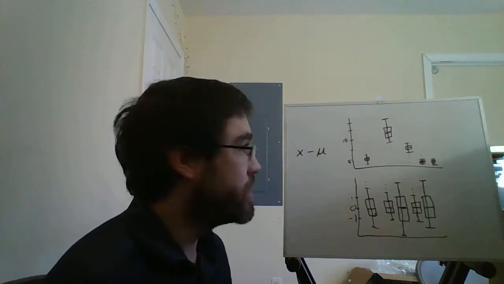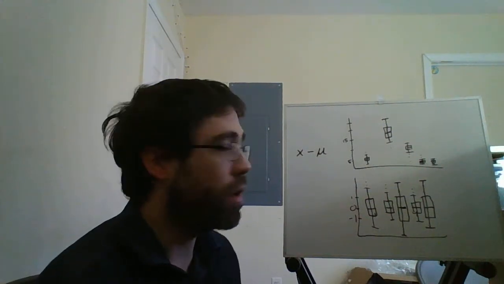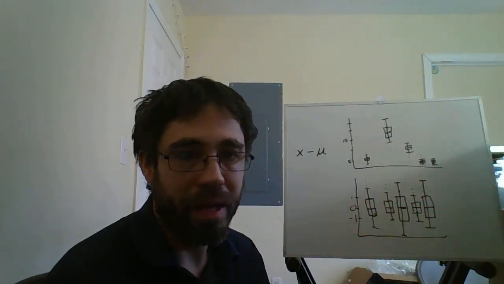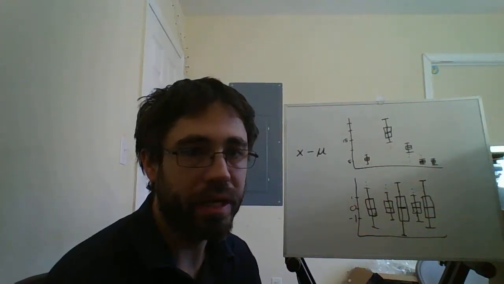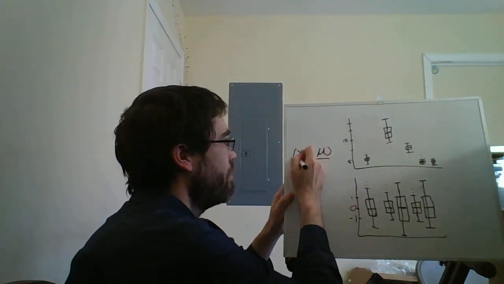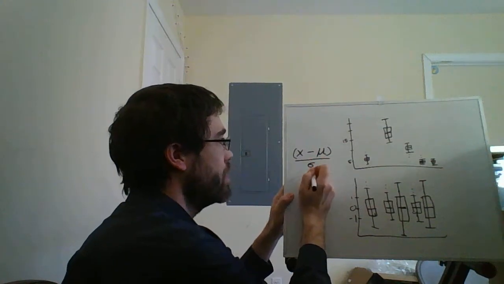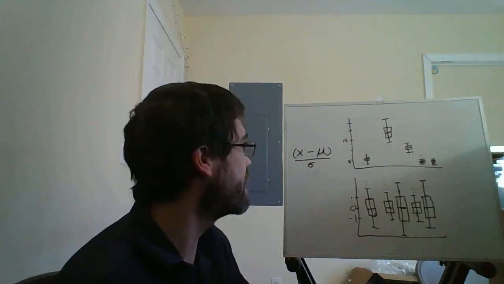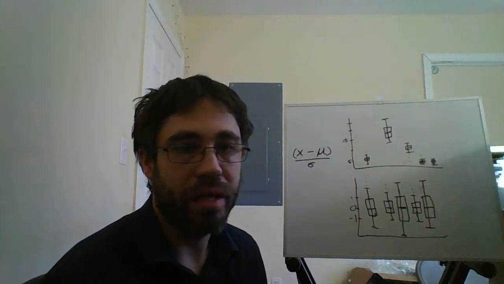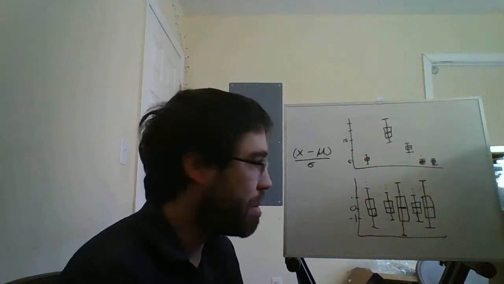The ranges, though, can still commonly differ by a factor of 5, 10, or more if the ranges are wider or narrower around the mean for a specific variable. So we need a second step, which is we divide the mean-centered value by the standard deviation of the variable. That's a sigma for standard deviation. What that does is it makes it so that the same interval from 0 to 1 means the same thing on all of these.